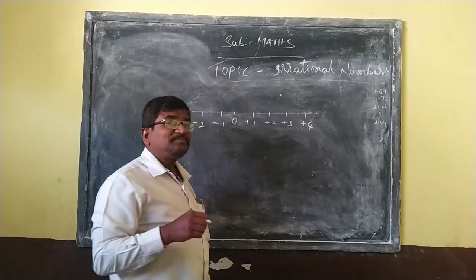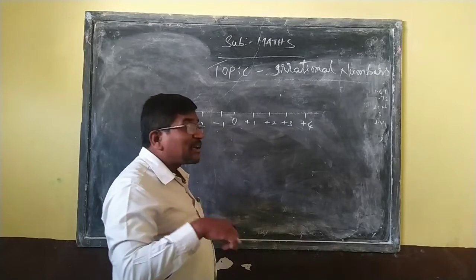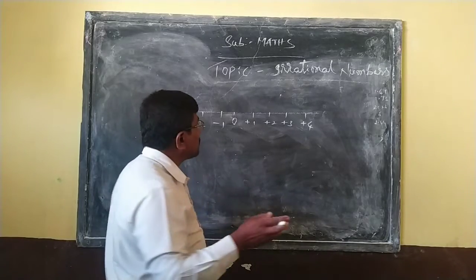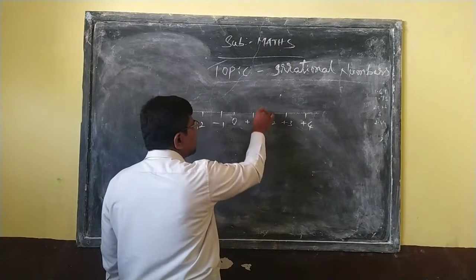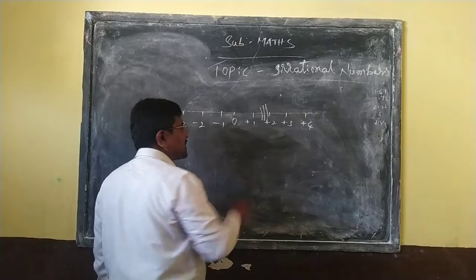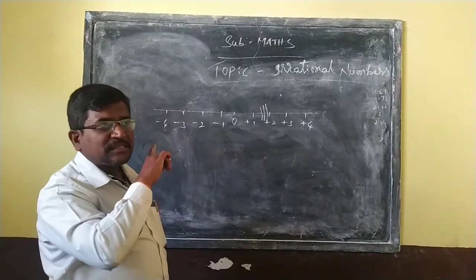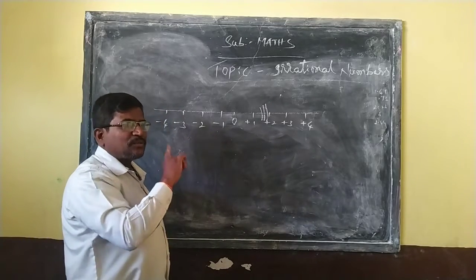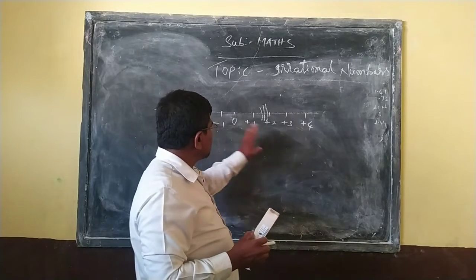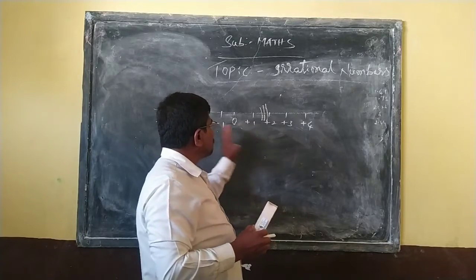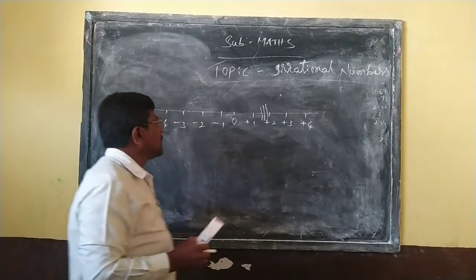So what I said, a number that cannot be expressed in the form of P by Q. That means, see here, between these two there are infinitely many numbers. I explained this in the last video, so you can see that and understand.